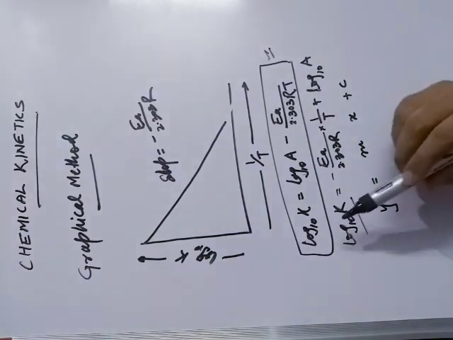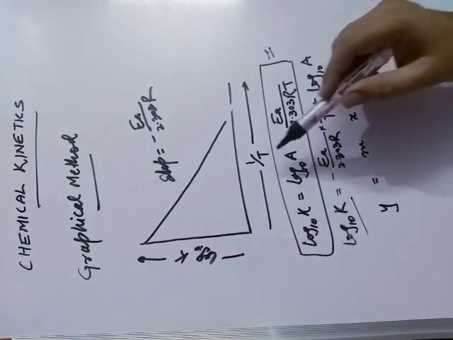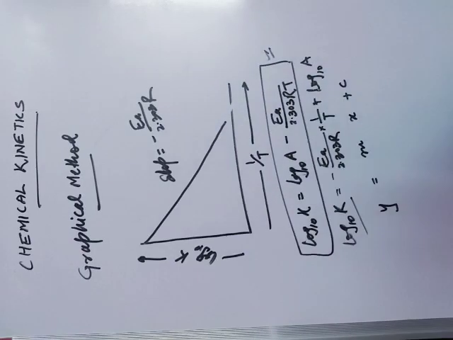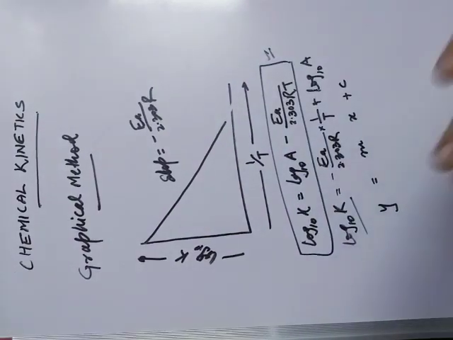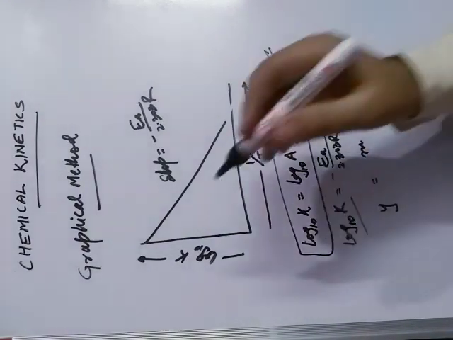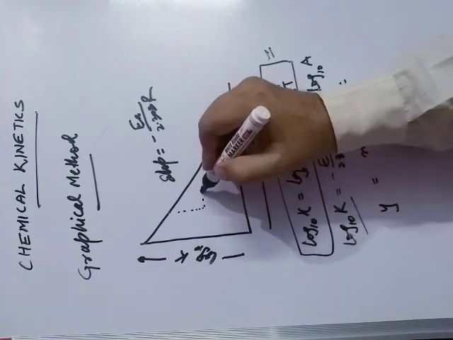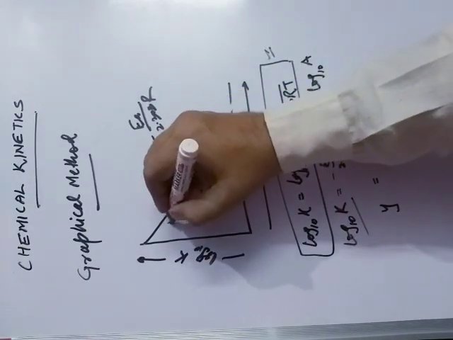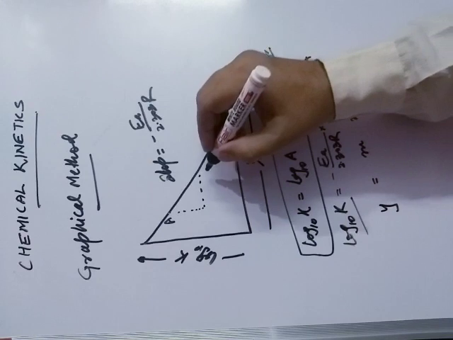Now if we take log base e and 1 by T, then 2.303 will not be there and the remaining thing will be the same. So the slope you can calculate in this way also.